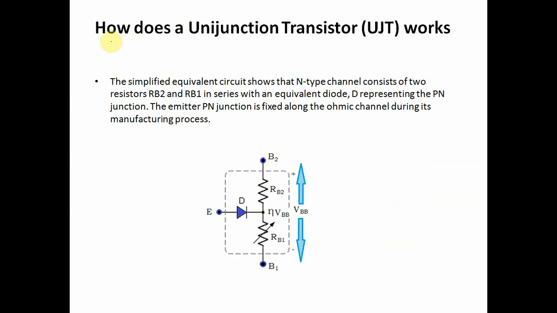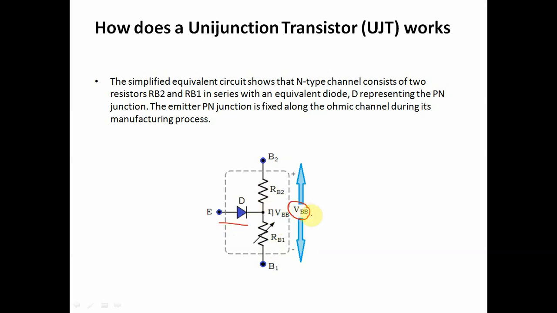Now how does a unijunction transistor work? We will study this concept. Basically, a unijunction transistor acts as only one junction, and that junction is a diode. Here there are two resistors, one variable resistor and one fixed resistor. RB2 is the fixed resistor and RB1 is the variable resistor.